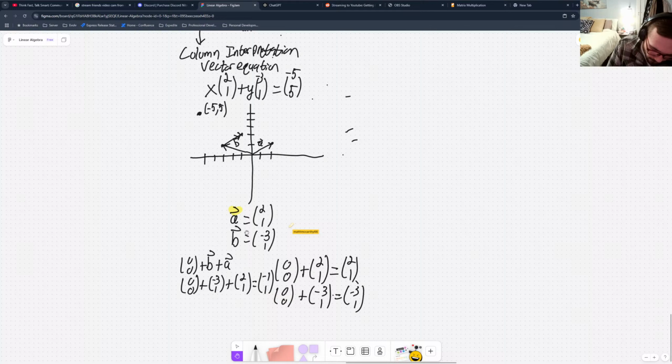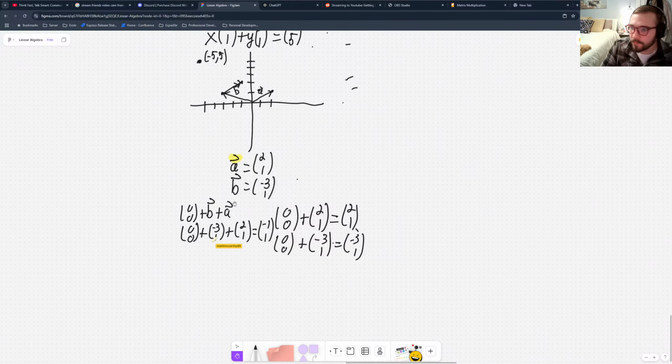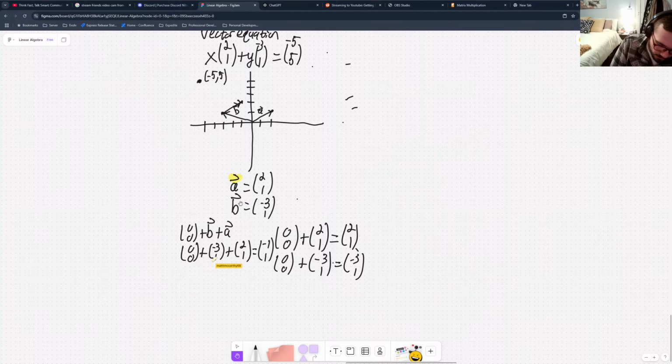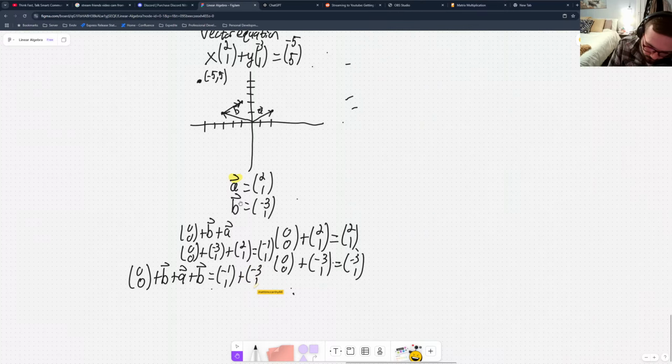If we went from 0, 0 plus b plus a plus b again, we're essentially going from negative 1, 1, and adding another negative 3, 1.